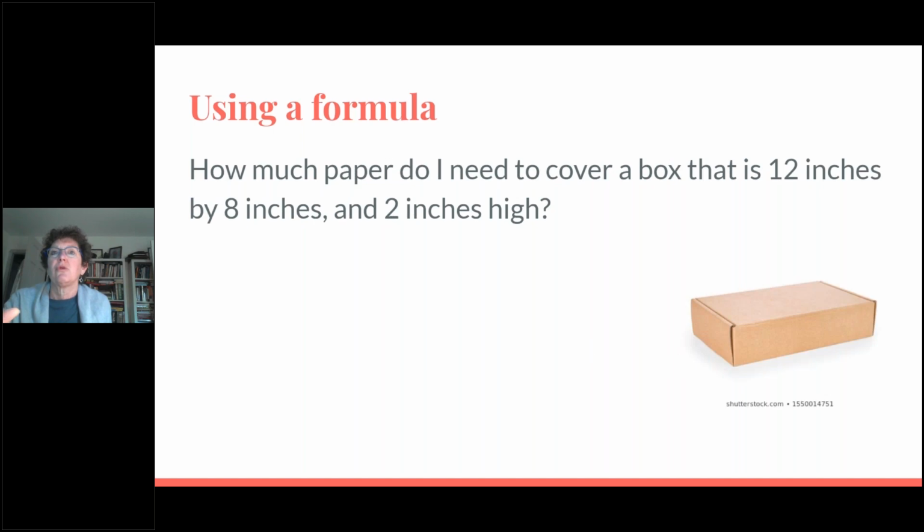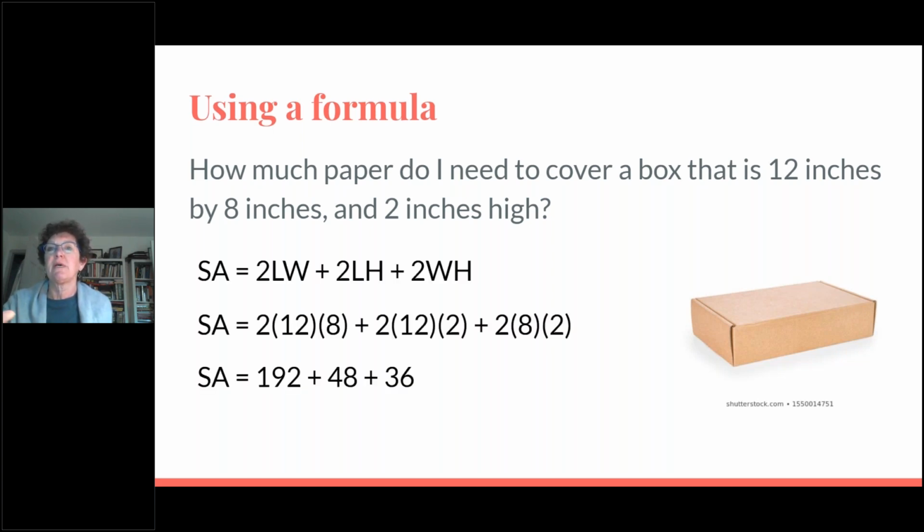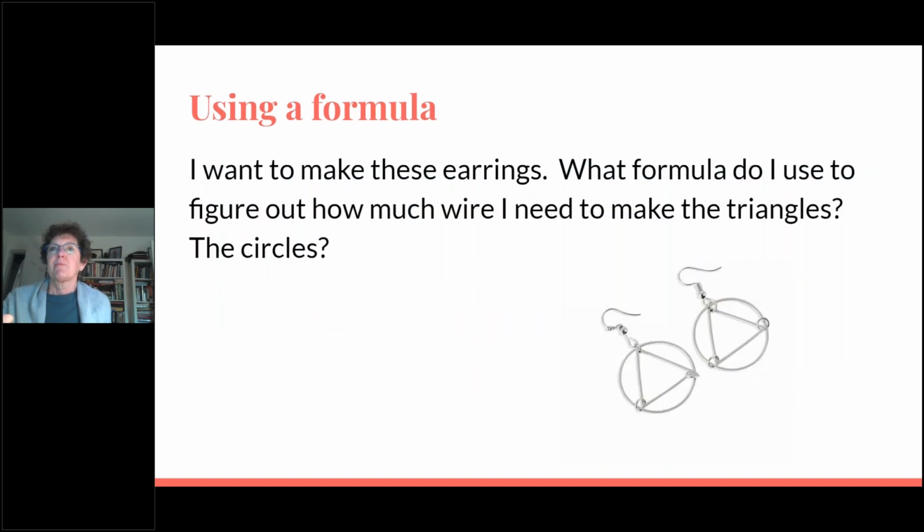And surface area, if you're thinking of surface area, it's how much paper would I need to cover a box. That's what surface area is. There's the formula. Like if I wanted to paint my room, I would have to figure out how many gallons of paint I need. Does that kind of make sense?